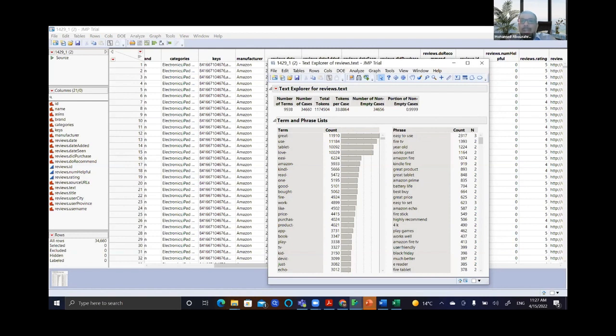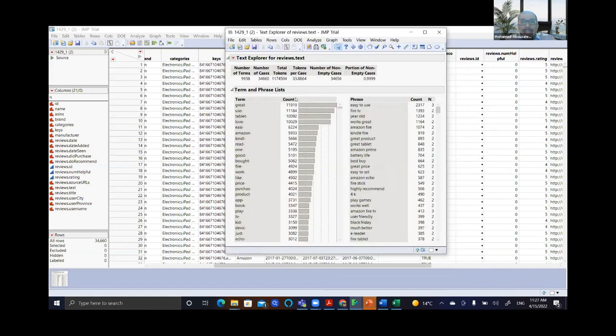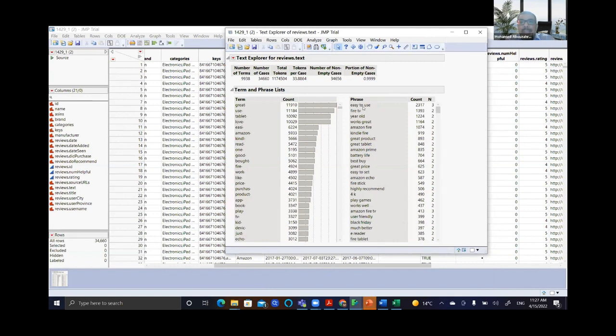All right. Okay. So now we have this screen, and this screen contains the most important words and the most important sentences we have in our text, right? So you will see things like easy to use, Fire TV, year old, works great, Amazon Fire, Kindle Fire, great product, great tablet, Amazon Prime, battery life, and so on and so forth, right?